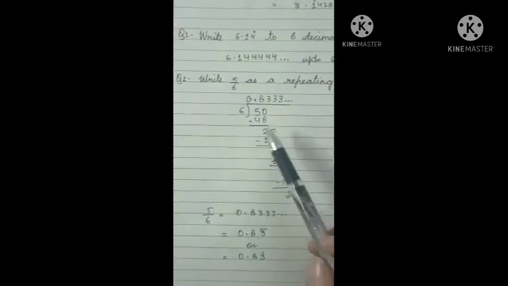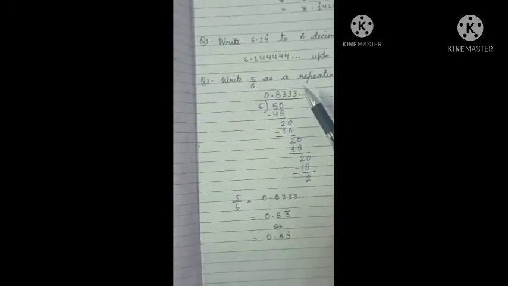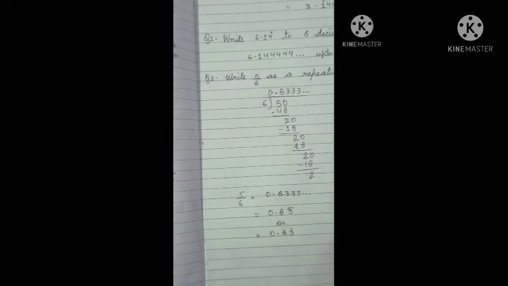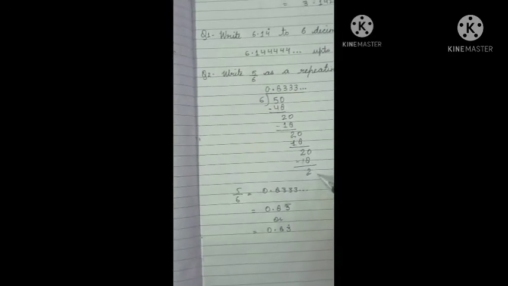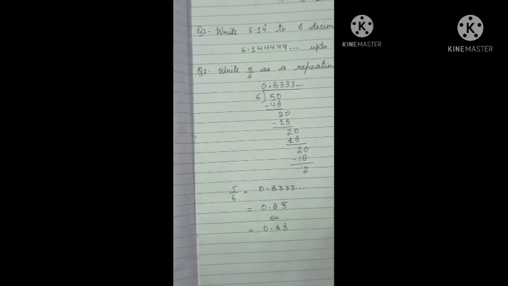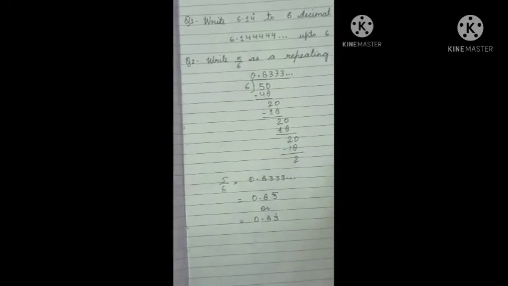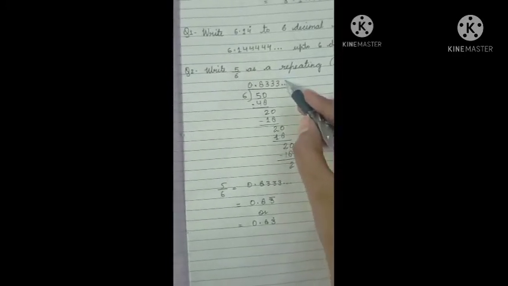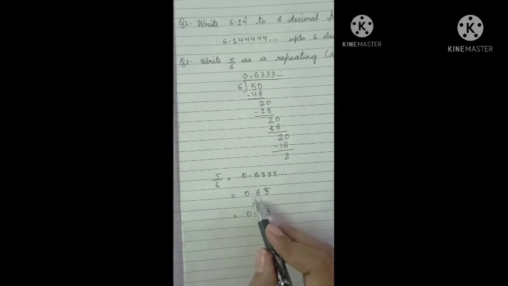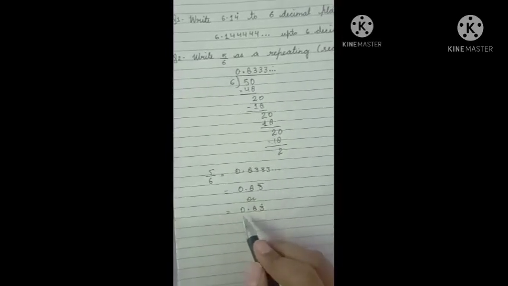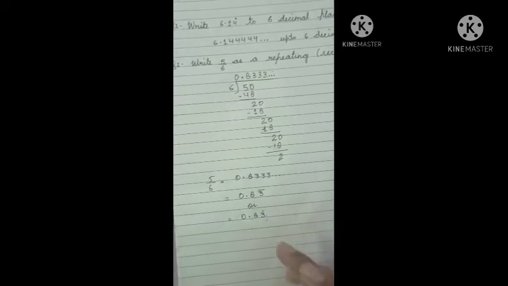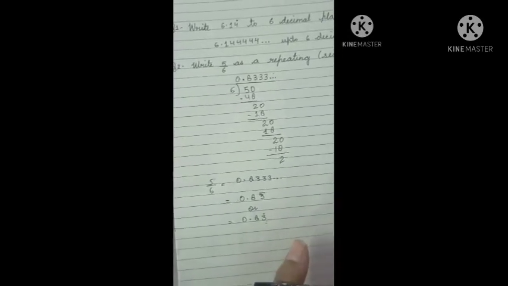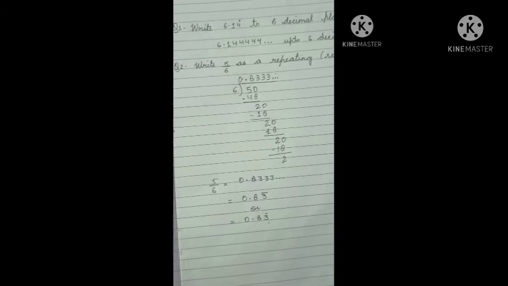In this question we have divided 5 by 6, and you can see that the remainder is not becoming 0 even after further simplification. So it is a repeating decimal, and we can write it like 0.83 bar or 0.83 with a dot over 3 because 3 is repeating. Clear? It is very simple, right?